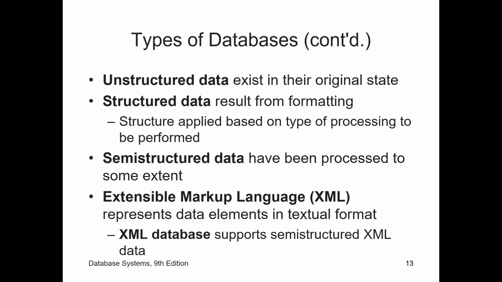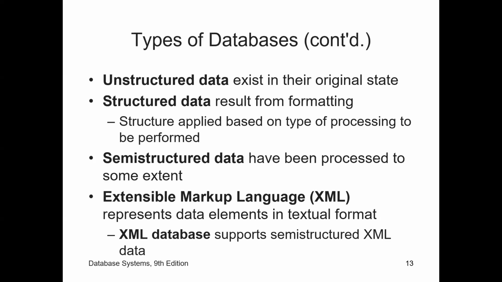Types of databases continued. Databases can also be classified to reflect the degree to which the data are structured. Unstructured data are data that exist in their original or raw state, that is, in the format in which they were collected. Therefore, unstructured data exist in a format that does not lend itself to the processing that yields information.